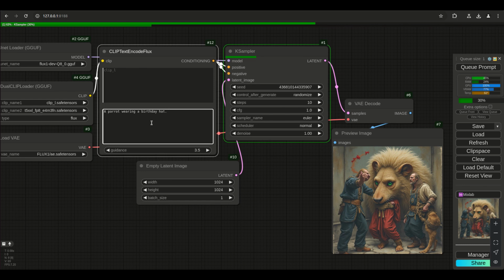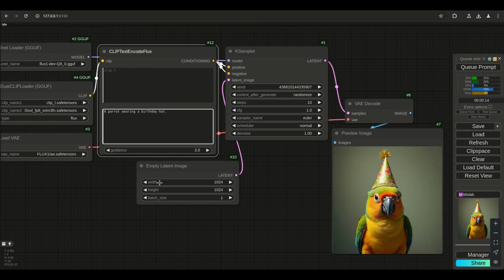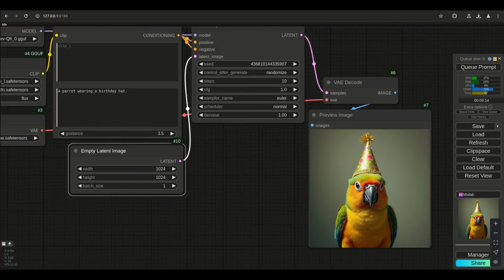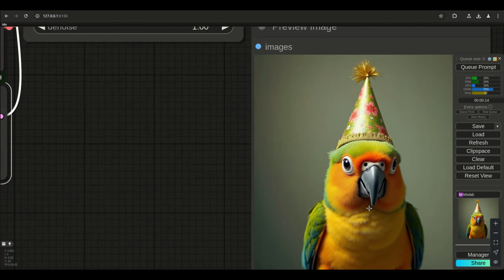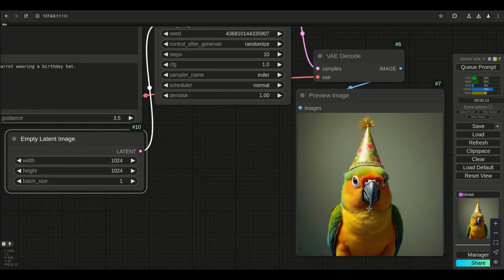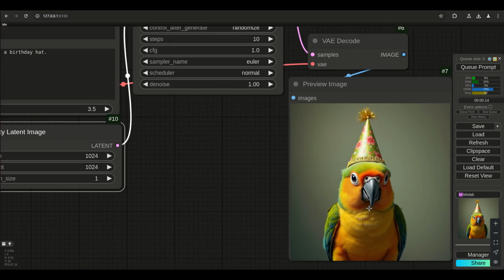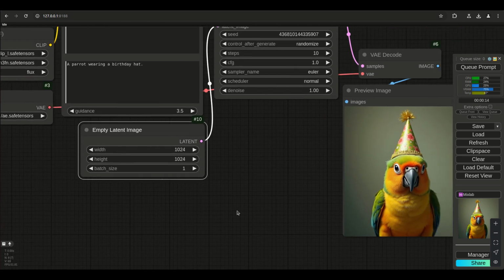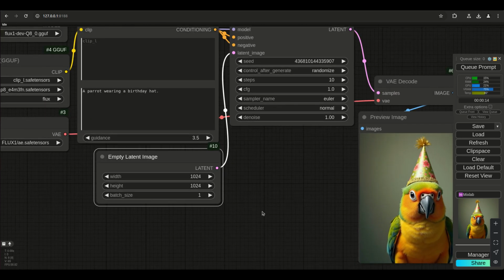Also, another thing, that it being a distilled model allows it to run faster than if it wasn't, because of the fewer things it has to interpret. That's kind of an upside to it. So we have a parrot wearing a birthday hat. And as you can see, Flux is kind of by default wanting to do things more realistic. And that's not always the case, but there are reasons why it starts to change.